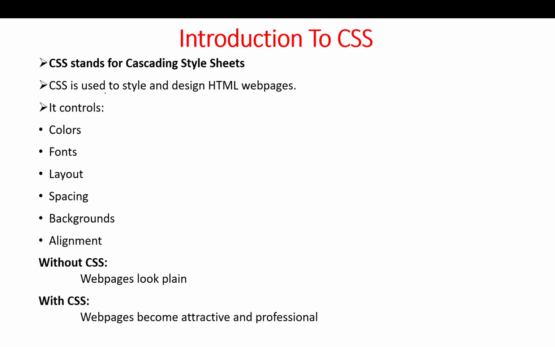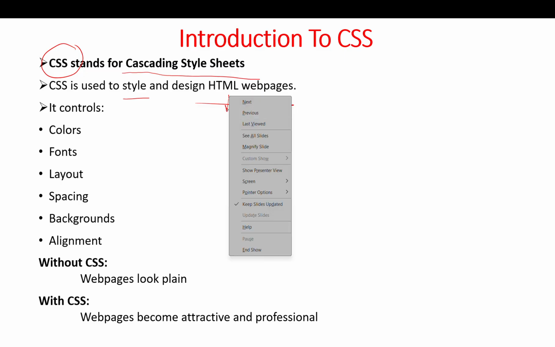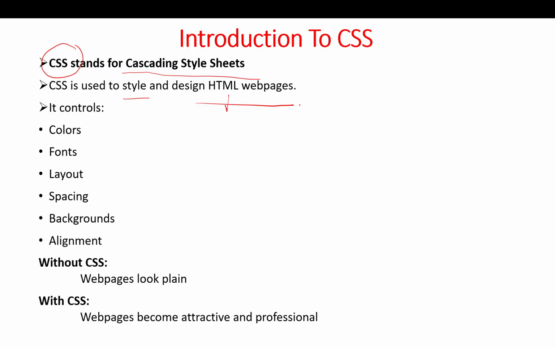Before learning CSS properties, let us first understand what CSS is. CSS stands for Cascading Style Sheets. CSS is used to style HTML web pages. HTML creates the structure of a web page, and CSS improves its appearance.